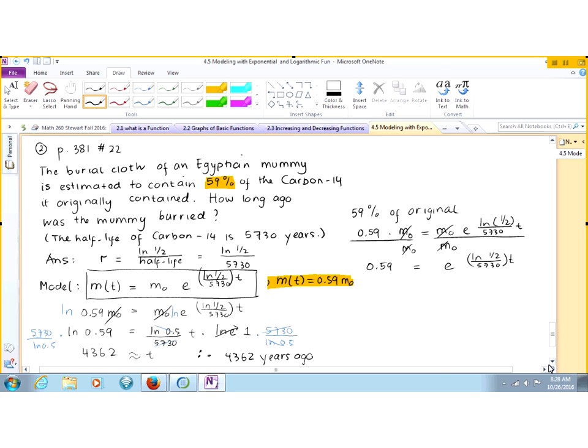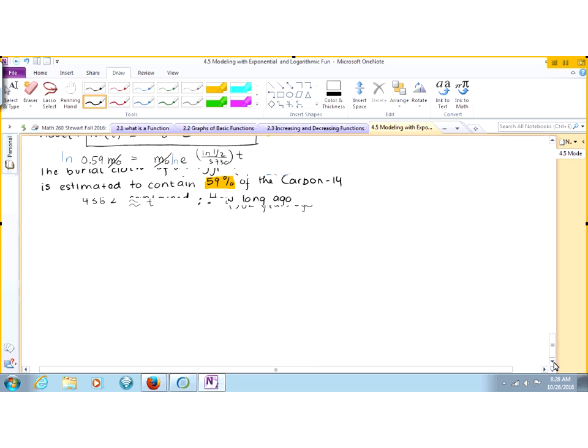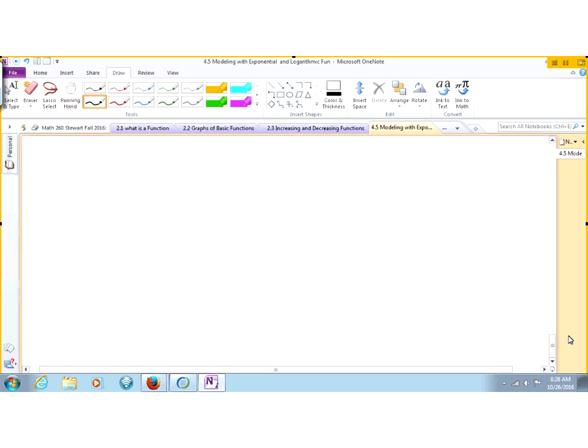Okay. So this is what Newton's law of cooling is all about. The rate of cooling of an object is proportional to the temperature difference between the object and its surrounding. I'm going to write that down. This is also exponential, and is it applicable to real life? Yes.